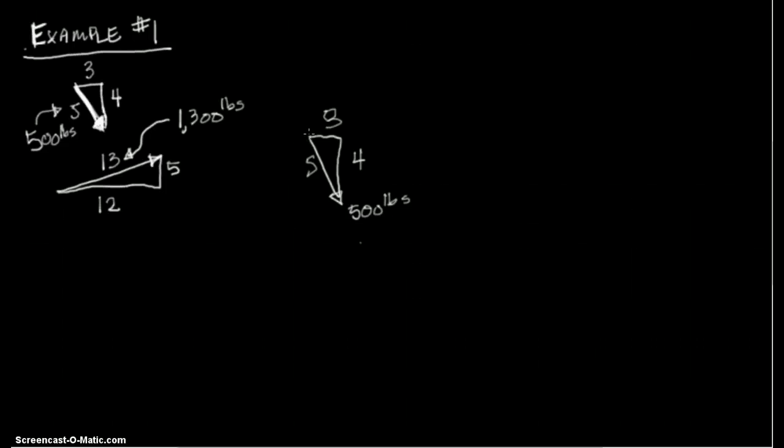And then you also have this one coming off. That's 13, 12, and 5. So this is a 1,300-pound force and a 500-pound force, and you're adding them together.